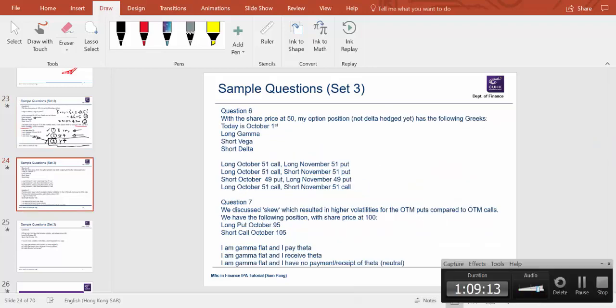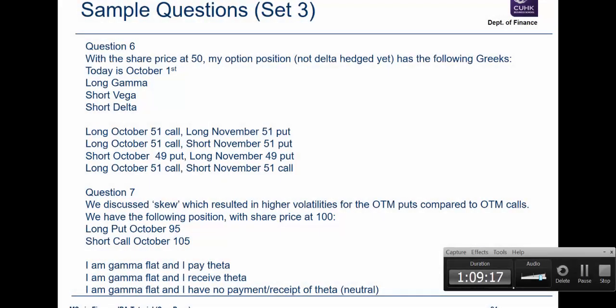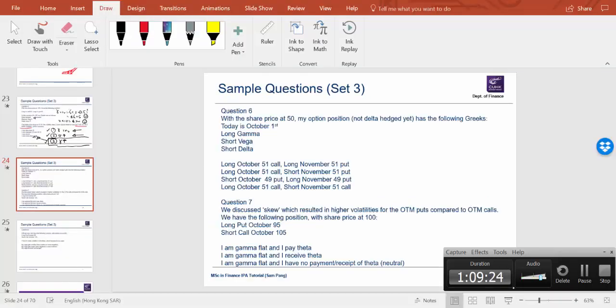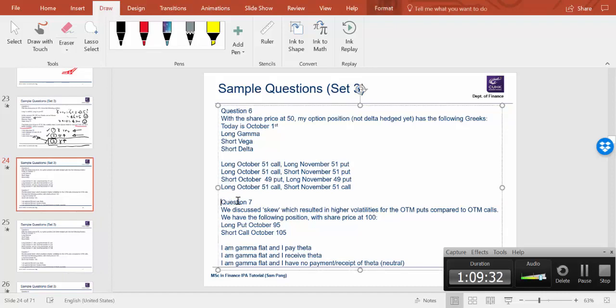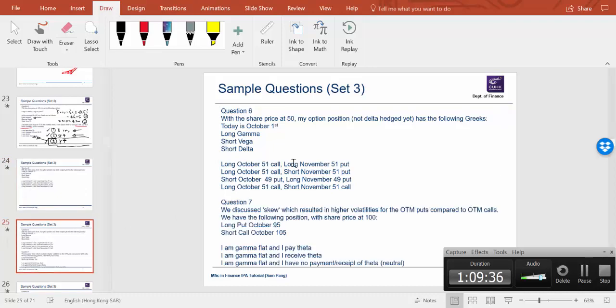And number 6, you know, I want to space them out and I want to be able to write on them. So I'm going to wipe out question 7 from here. I'm going to wipe out question 6 from here.